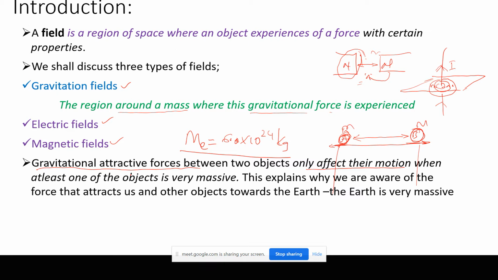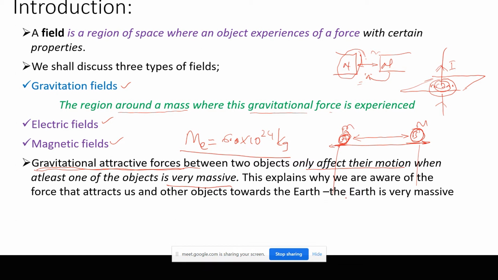So the Earth attracts all objects. It never repels any object. That's why the gravitational force between two masses is always attractive, but it only affects the motion of the two objects when at least one of them is very massive.